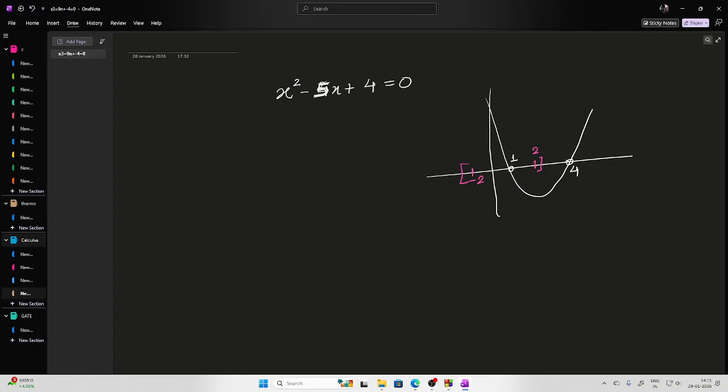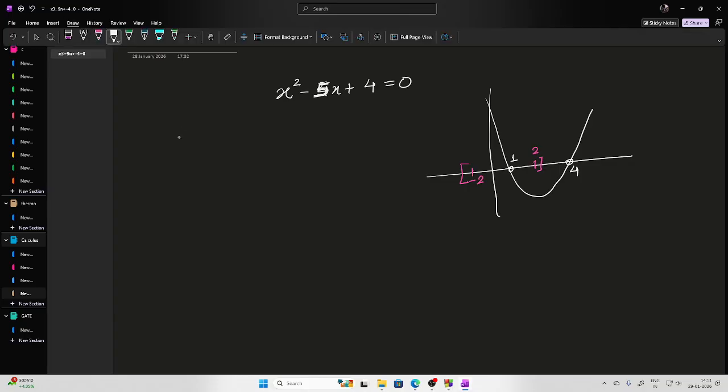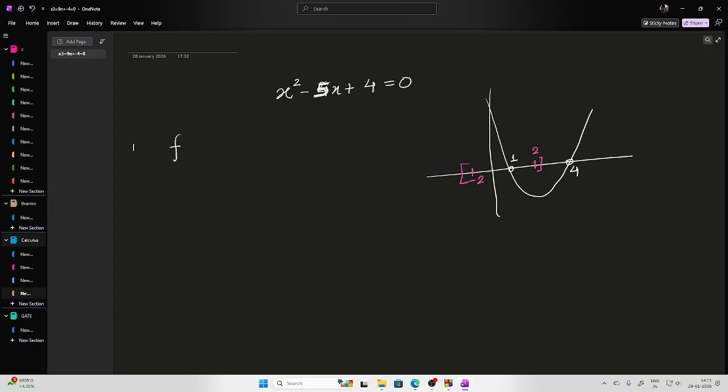Now the first step to program it is that you should have one function. Okay, you will be writing one function, this one. Then in the second step you should have the bracket, that is a, which is right now -2, and b, which is 2.